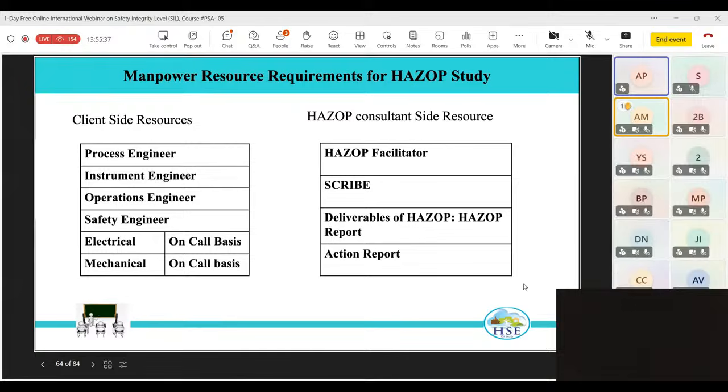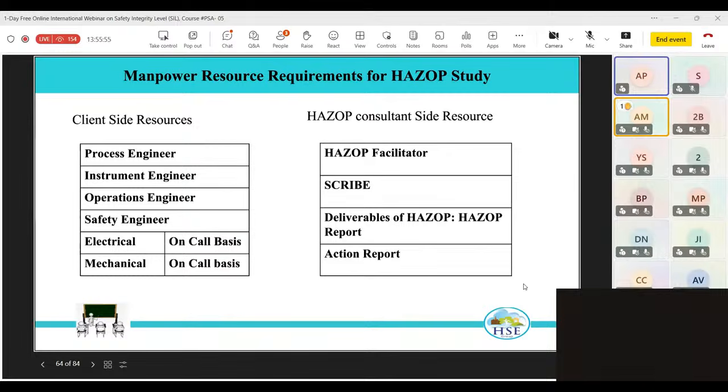The client may decide internally that some of the recommendations are not possible right now because some new changes are coming in the plant, which the facilitator is not aware of.